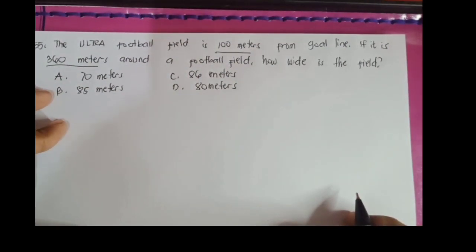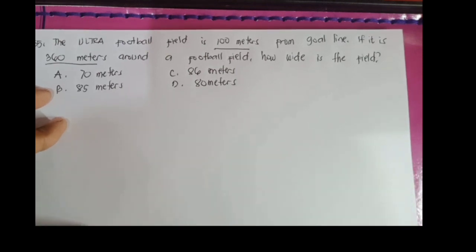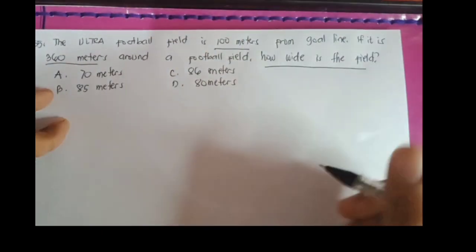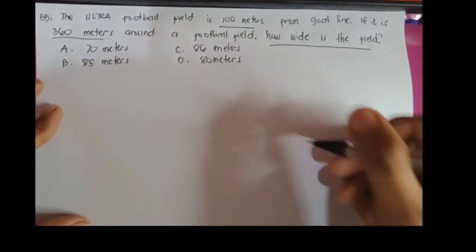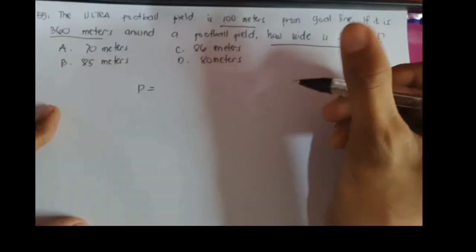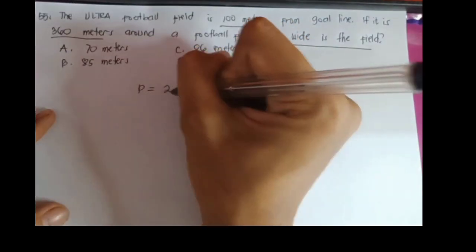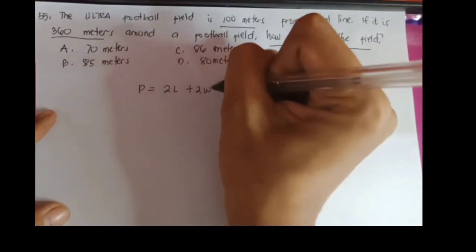And the question here is, we are going to solve the width, or how wide is the field. Using the formula for perimeter, which is P is equal to 2 times length plus 2 times width.